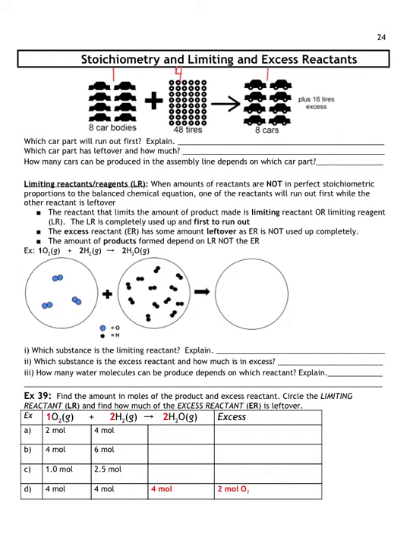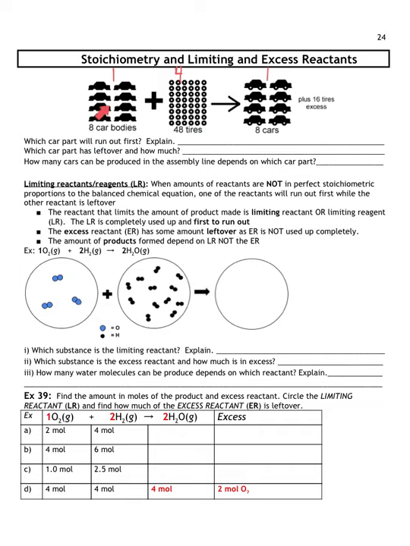So we need 4 tires for every 1 car body to make a car. And that ratio guides us to know how much product we're going to make, how many cars we're going to make. But we seem to have a lot more tires than car bodies. And we know that if we had 48 tires, we would really need 12 car bodies.